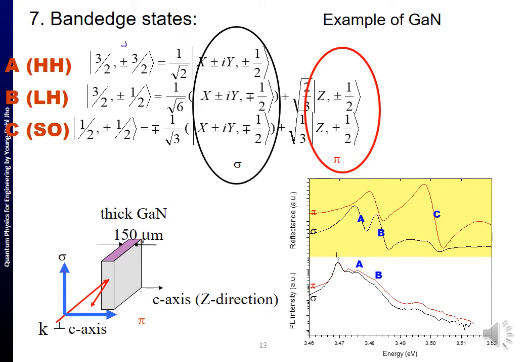This is reflectance, same geometry. We measure the reflectance, this one. Then for pi polarization, you have oscillation twice. For sigma polarization, you have oscillation three times.